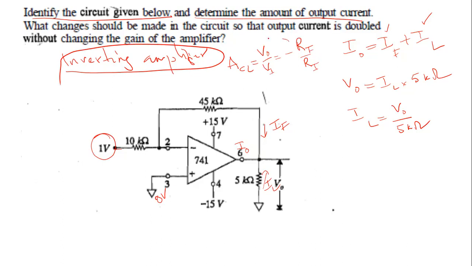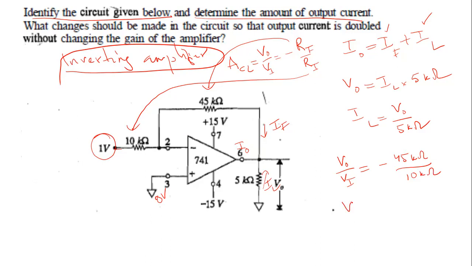So RF, we know it's already given here as 45 kilo ohm. RI is your 10 kilo ohm. So your V naught upon VI will be equal to minus of 45 kilo ohm upon 10 kilo ohm. So your V naught will be minus 4.5 into VI, that is 1 volt, so minus 4.5 volt.